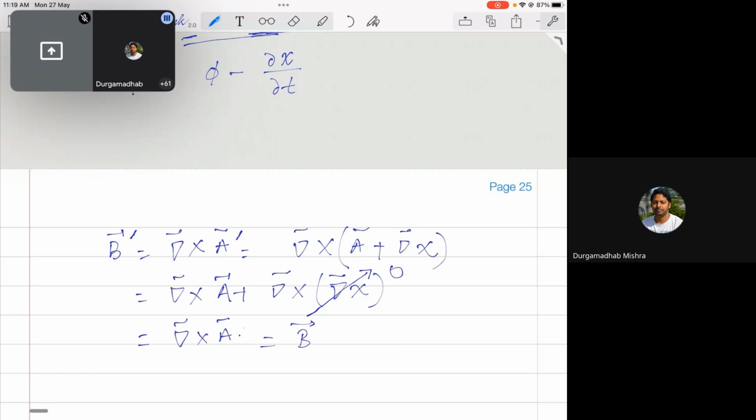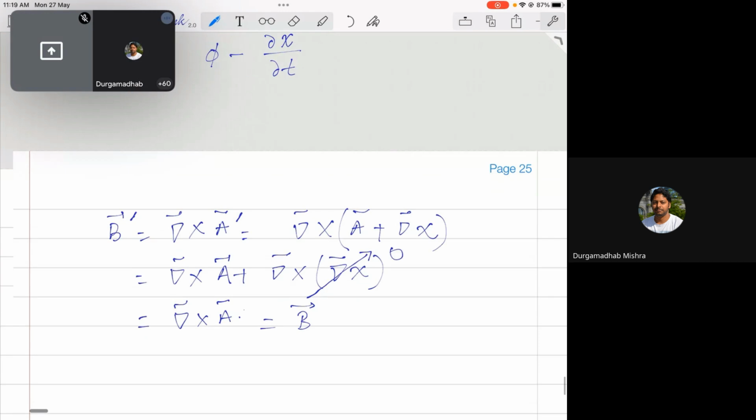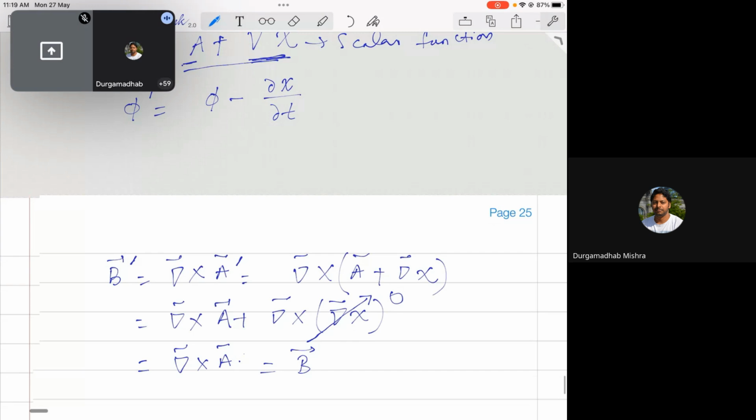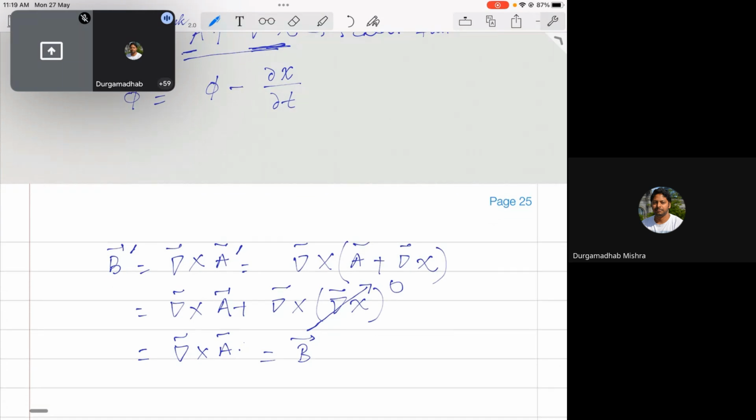So this will be simply curl of A, which is nothing but B. B was originally the curl of A, and if I change A to A prime in this form, the new magnetic field does not change. So the magnetic field remains invariant even if I change the vector potential. Similarly, if I substitute phi prime in place of phi, you can check yourself that the electric field also remains the same.